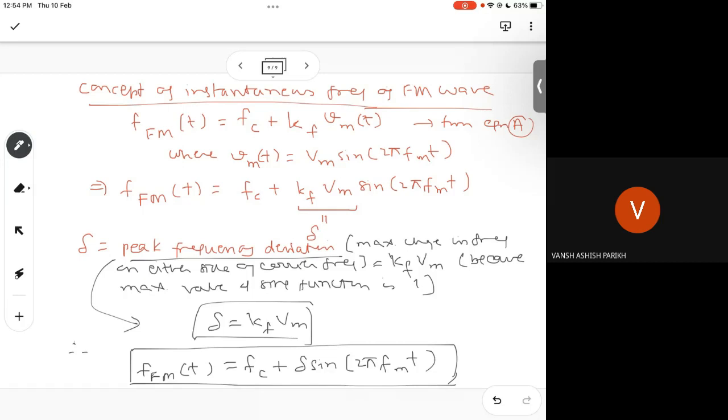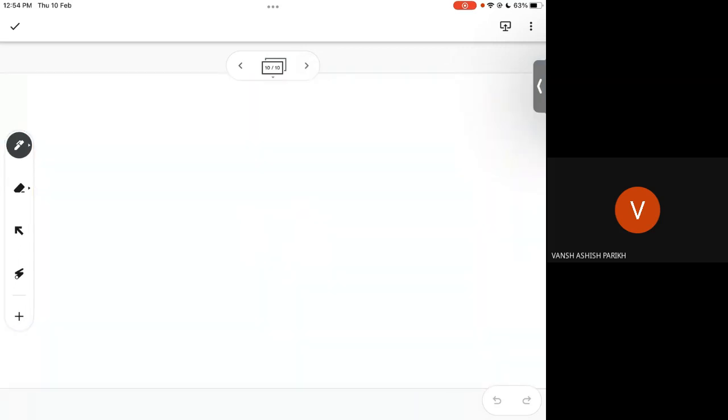Here we define another parameter, the carrier swing, which we normally see when we do the practical experiment. Carrier swing is a very popular word which we normally use in FM. Carrier swing is basically 2 delta, twice delta, the peak to peak frequency deviation.